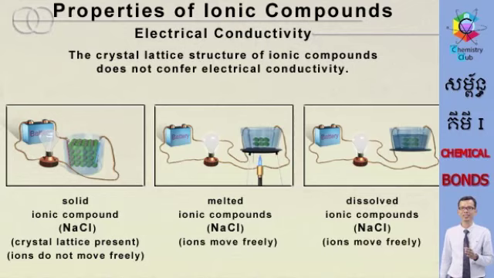A simple experimental way to determine if a substance conducts electricity is to place the melted substance or dissolved solution into a container with one electrode hooked to a light bulb and another hooked to a power source. If an electrical current passes through the solution, then the light bulb shines. Here you see that melted and dissolved sodium chloride conduct an electrical current and solid sodium chloride does not.